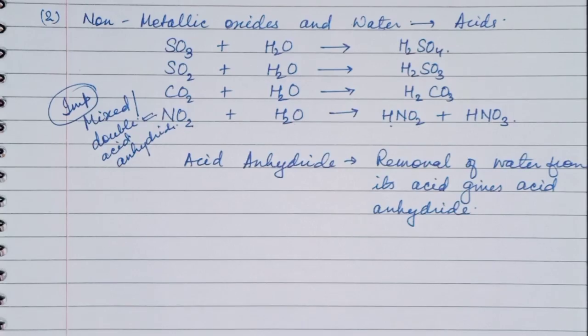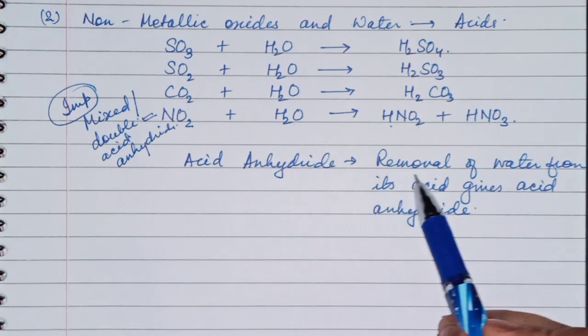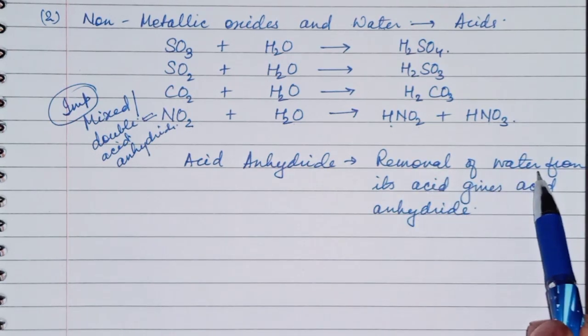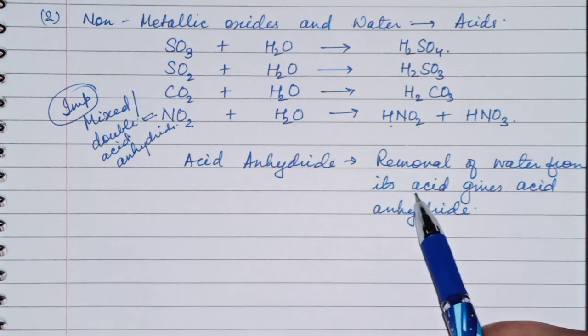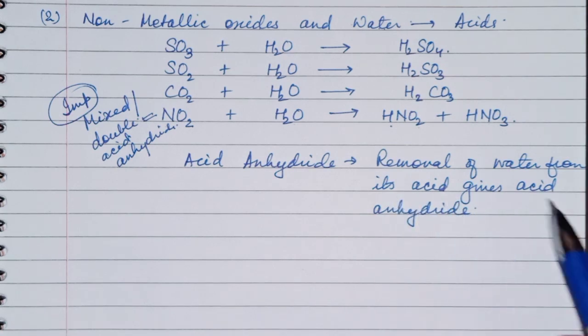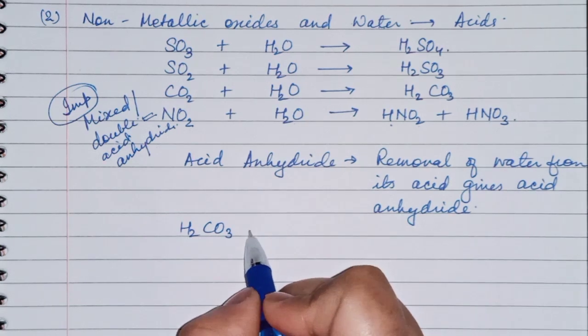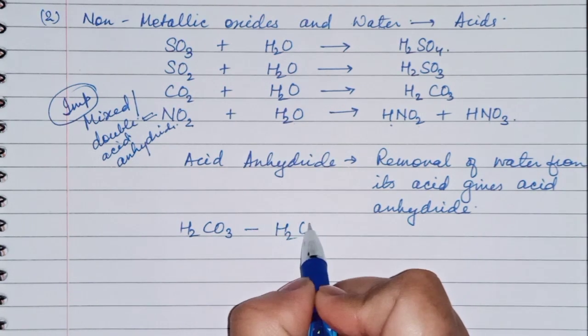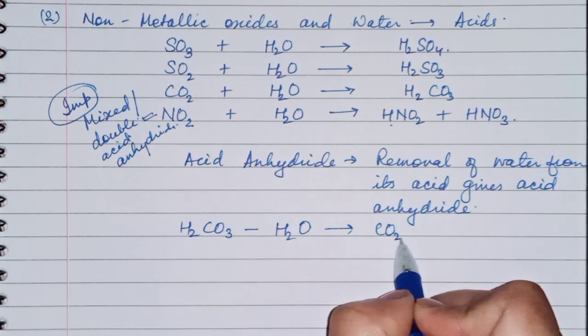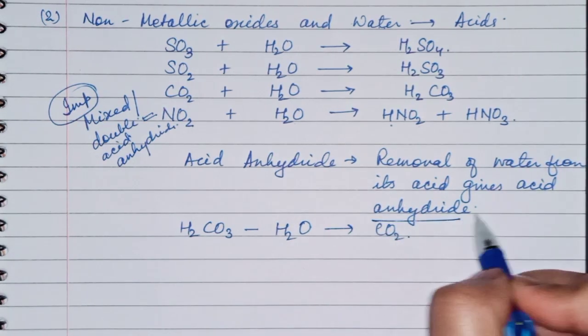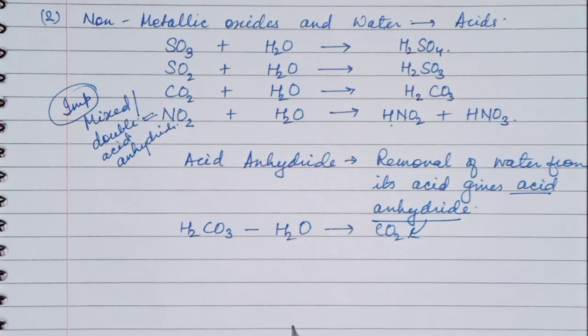Now what is acid anhydride? Removal of water molecules from its acid gives acid anhydride. For example, take carbonic acid H2CO3. Remove water from this, you will get CO2. So the acid anhydride is CO2 here.